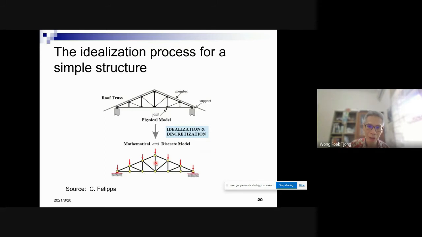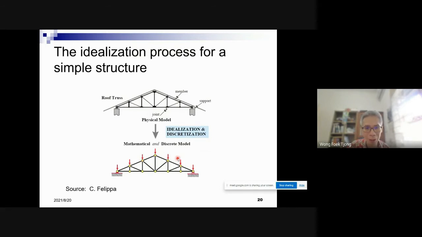Idealization means simplification. Okay, this is rigid, but we model it as hinges. Is that any problem? Yes, maybe not so accurate, but it's normally enough for design, because if the loads are only located at the joints, and we use this model, usually it's enough for design already.